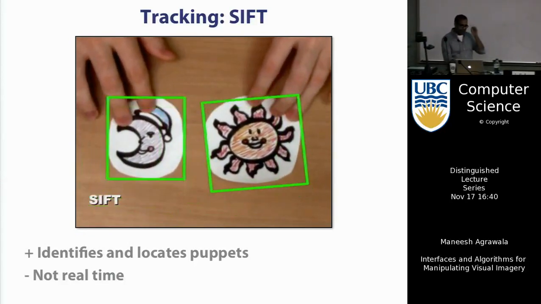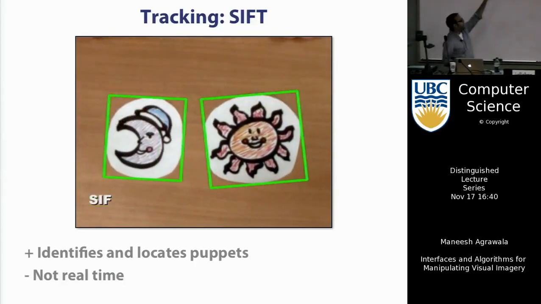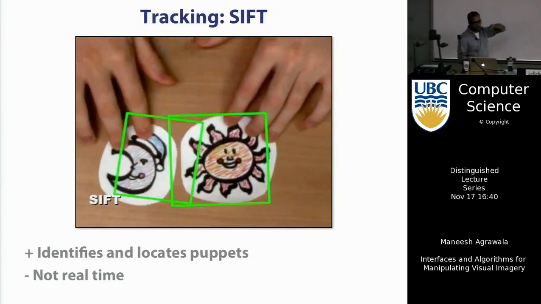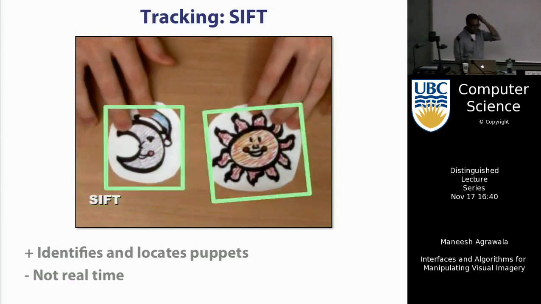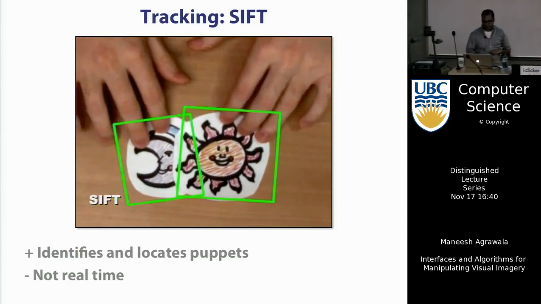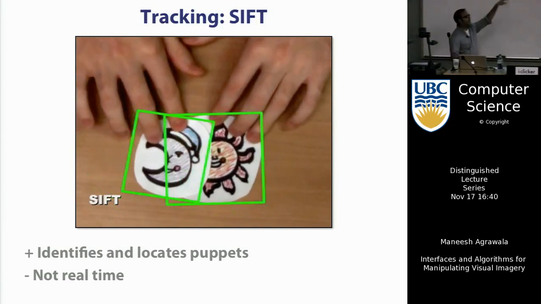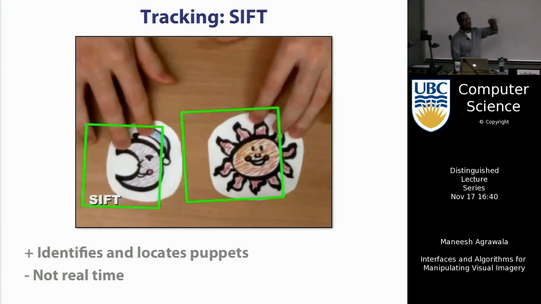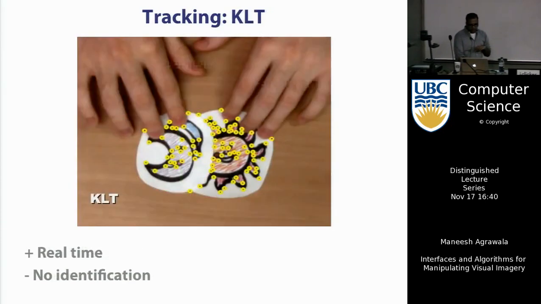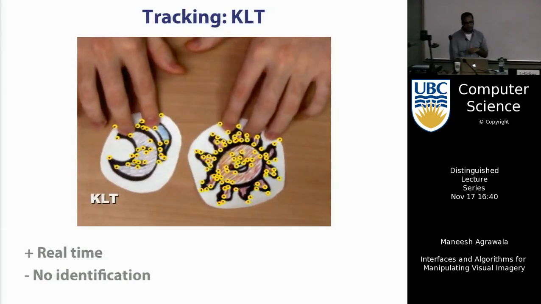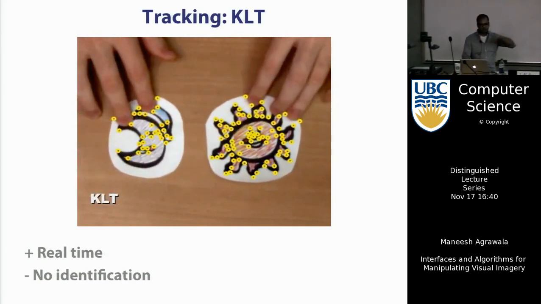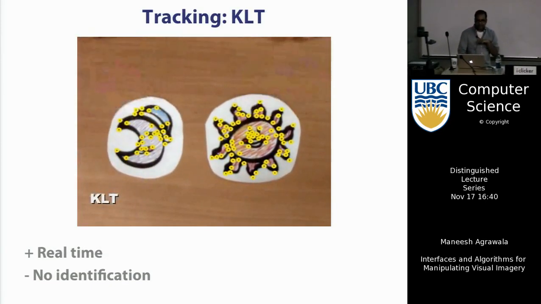We're using SIFT to basically identify each one of these moving puppets in the camera view. Our implementation at the time we did this was not real time. So you can see there's a kind of lag in the updates. And we're combining that with a real-time KLT tracker. So this tracks where points move from frame to frame. And this is real time.